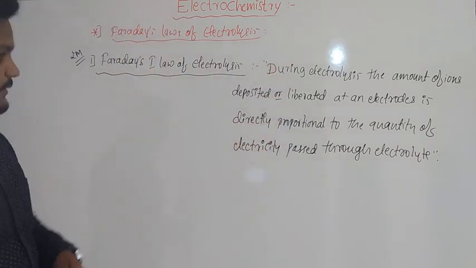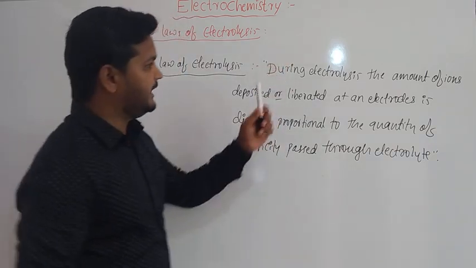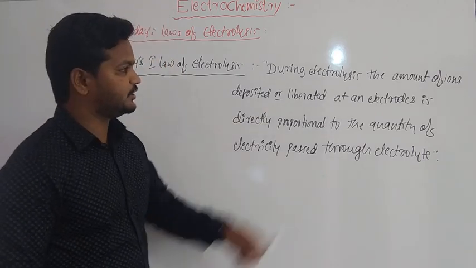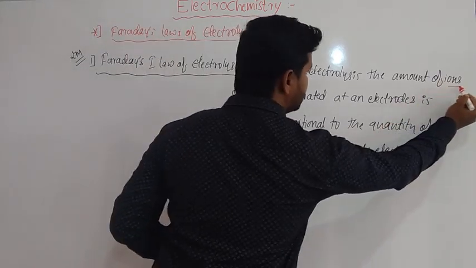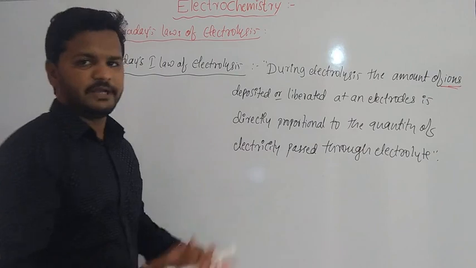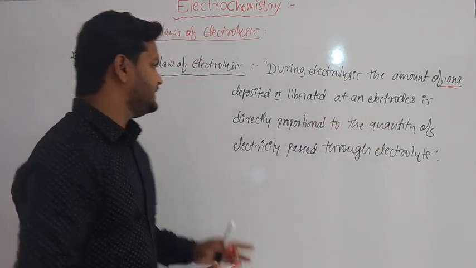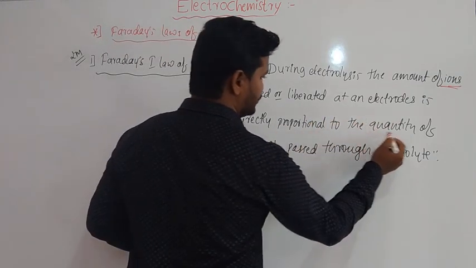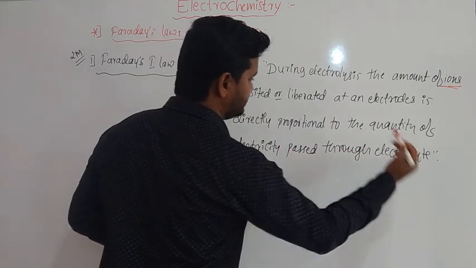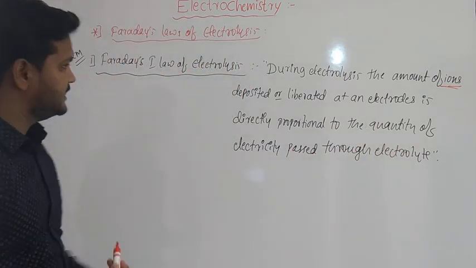Students, I will repeat it once. During electrolysis, the amount of ions deposited or liberated at an electrode is directly proportional to the quantity of electricity passed through the electrolyte at a time t.